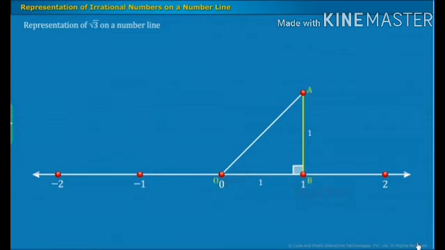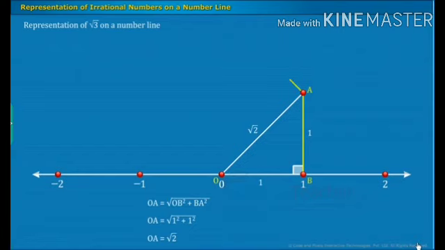Now, to find the distance OA, we use Pythagoras theorem. From Pythagoras theorem, OA is equal to the square root of OB square plus BA square, which is equal to the square root of 1 square plus 1 square, that is root 2. So, the distance OA is root 2.